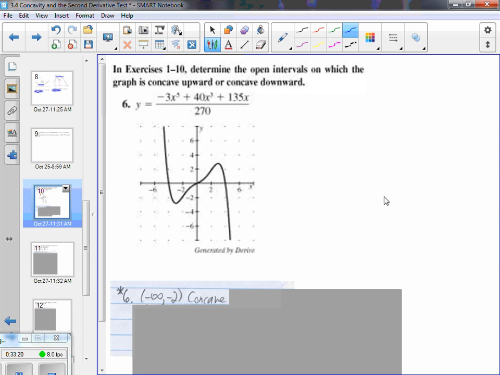Now, they give us the equation, the function that they've graphed here, and I don't care. I'm going to use the graph. All right? So, on number 6 here, the directions tell us to determine the open intervals on which the graph is concave upward or concave downward.